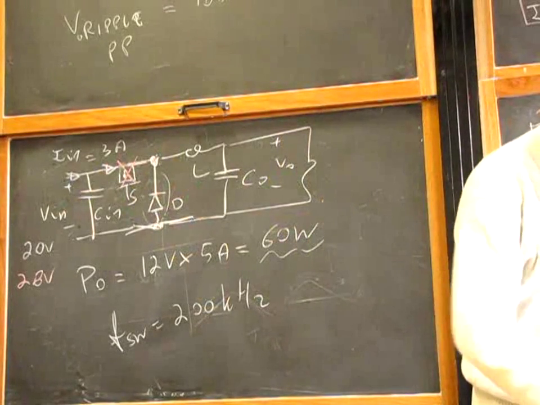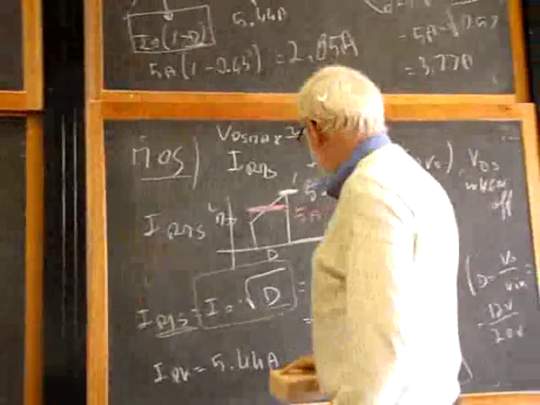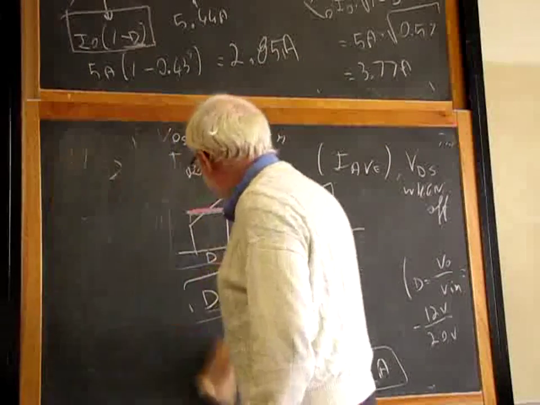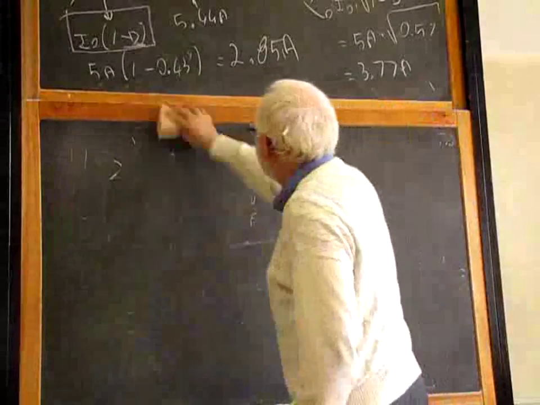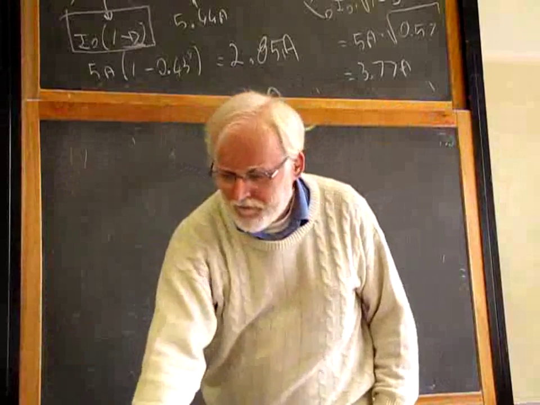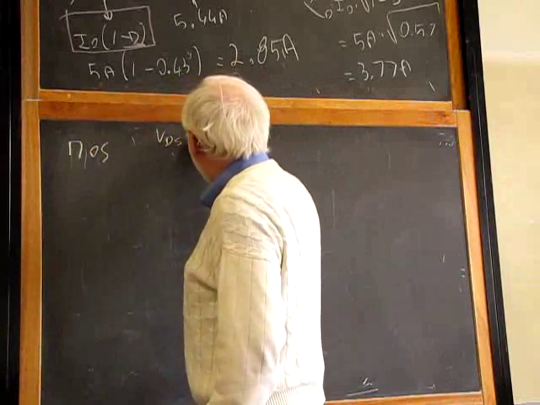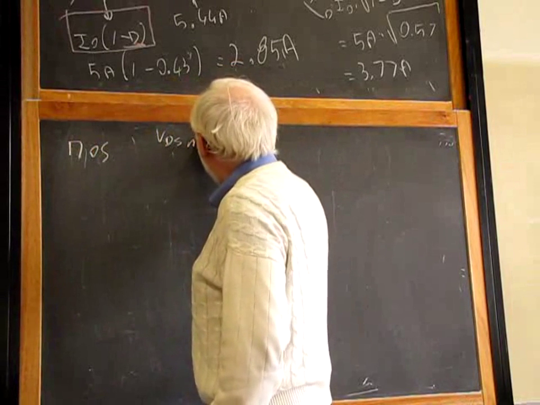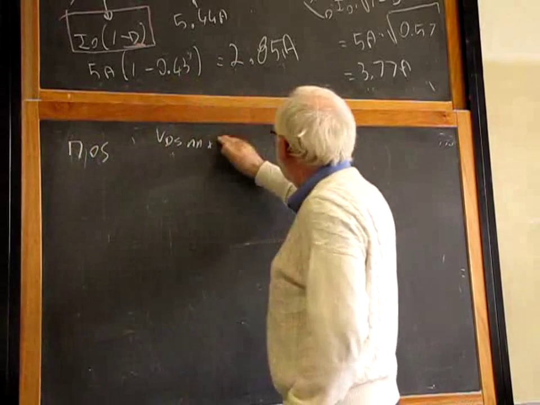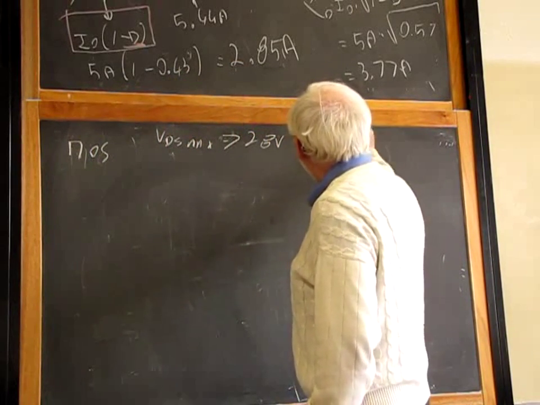Okay. Unfortunately, the numbers we found for the MOS: VDS max larger than 28 volts, let's say 40 volts or so.